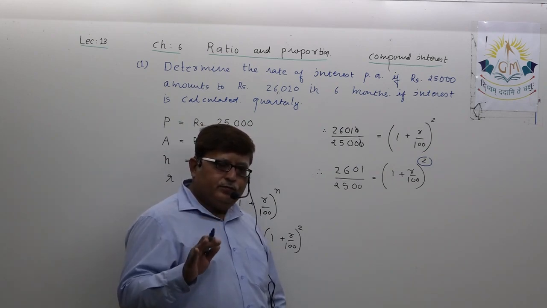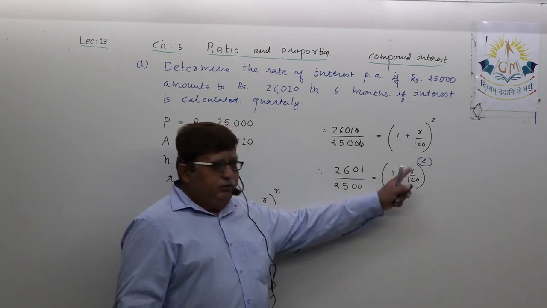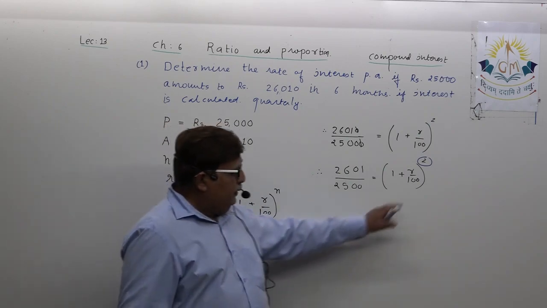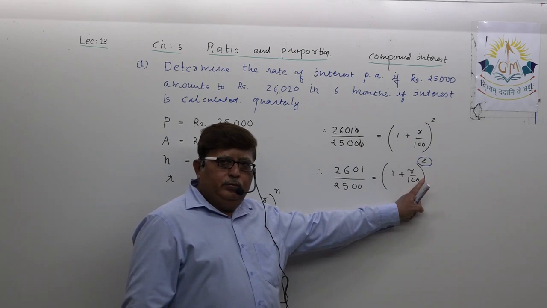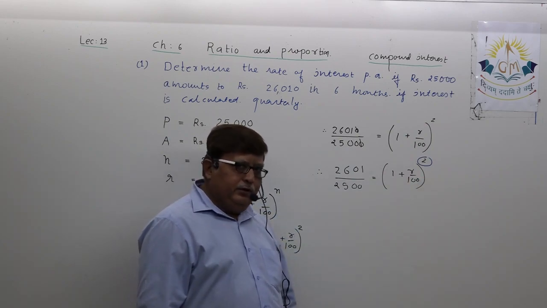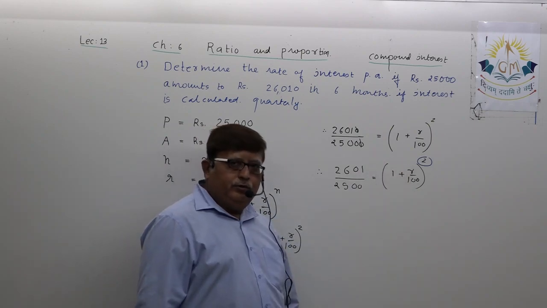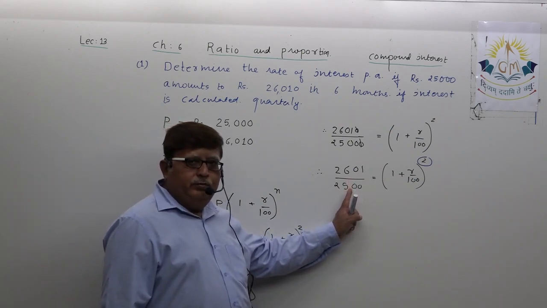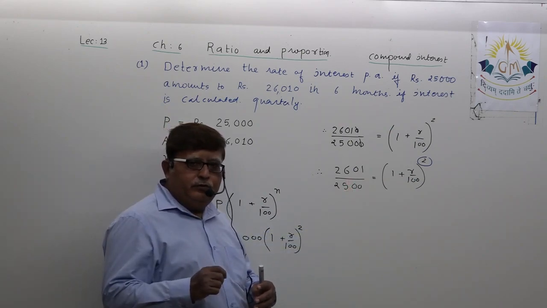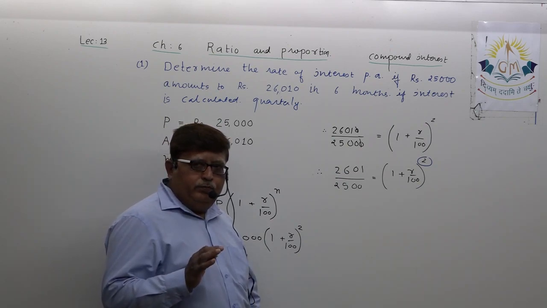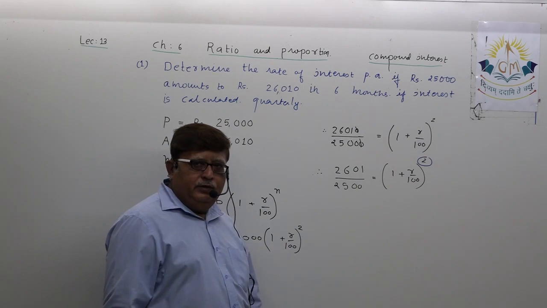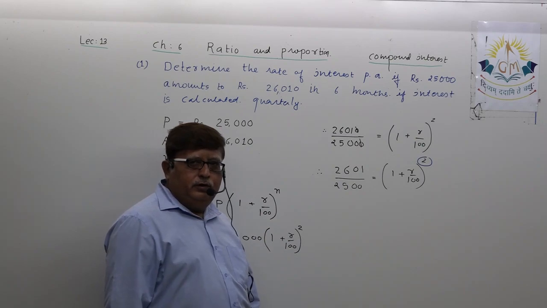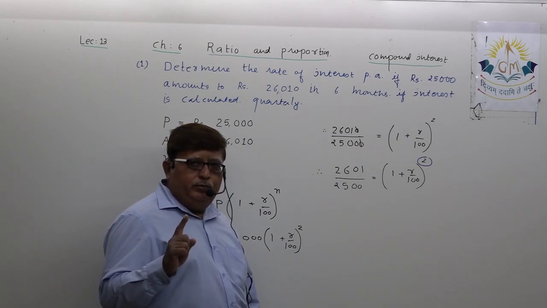You understood this. So start applying your logic: the power is 2, which means these numbers must be squares of some particular numbers. 2500 is the square of 50. 2601 is the square of 51.